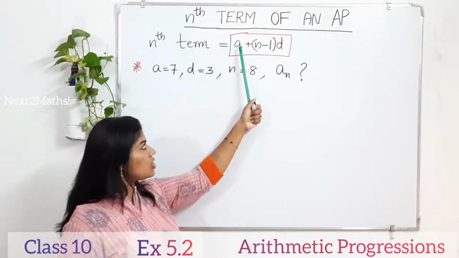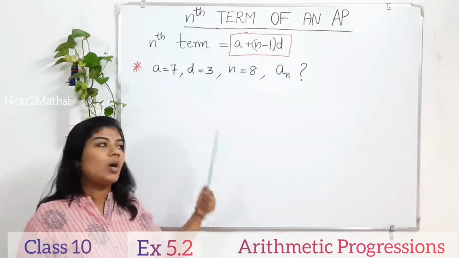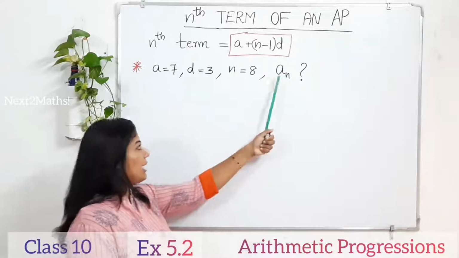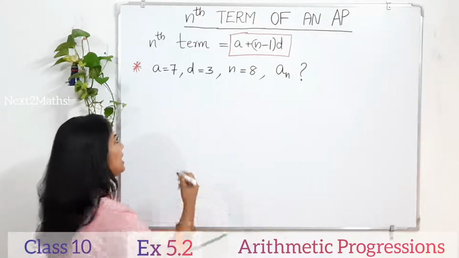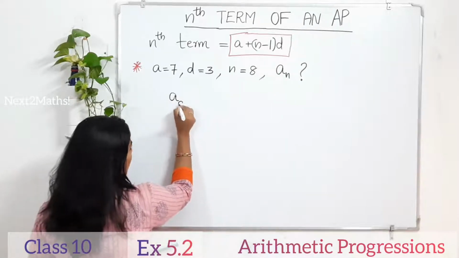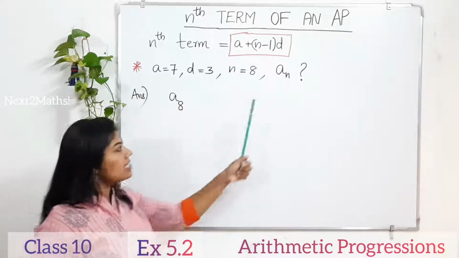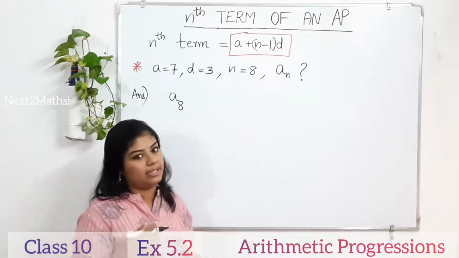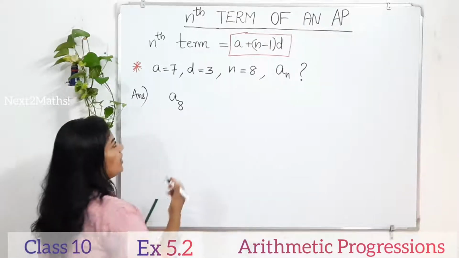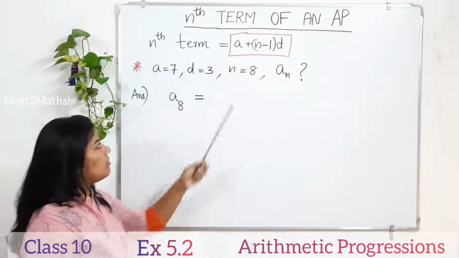Okay. So we have the equation a plus (n minus 1) into d. Based on that, let's see how we can solve this problem. a n you have to find, and this n is 8, so you can directly write a 8. We are finding the 8th term, a 8, which is equal to, what is the equation?